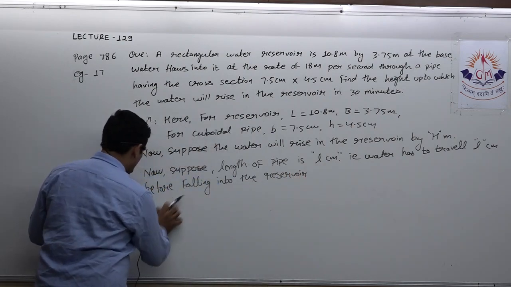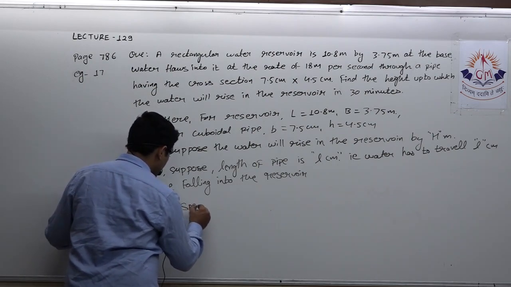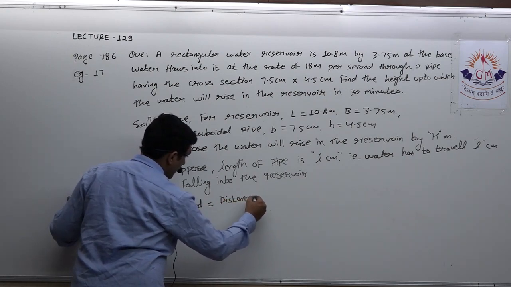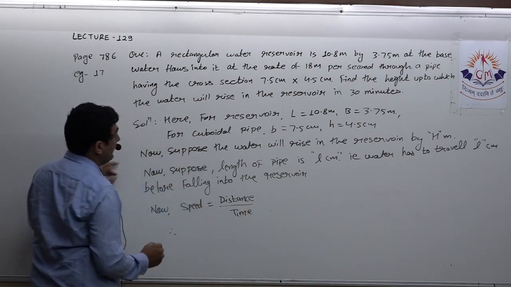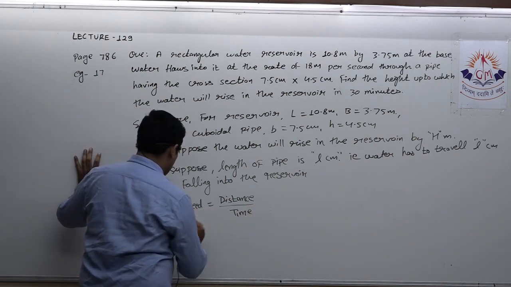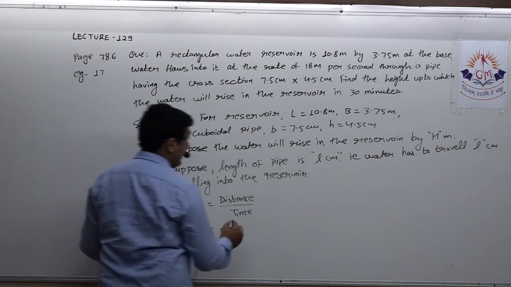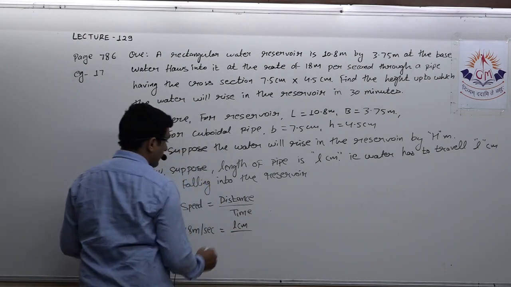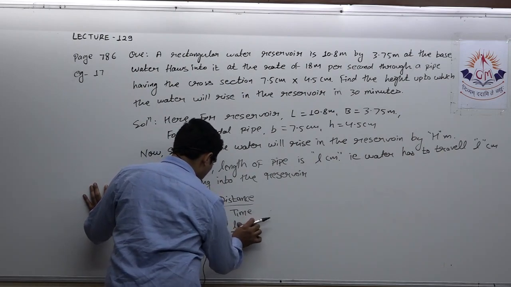Therefore I can say, speed is equal to distance upon time. So speed is 18 meters per second. Distance is L centimeters, or better to take L meters because this is in meters.